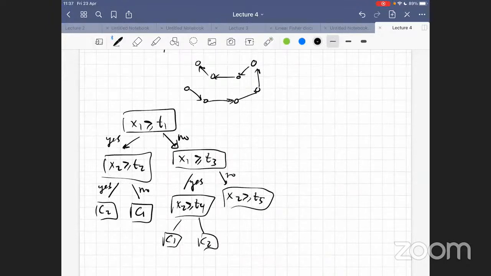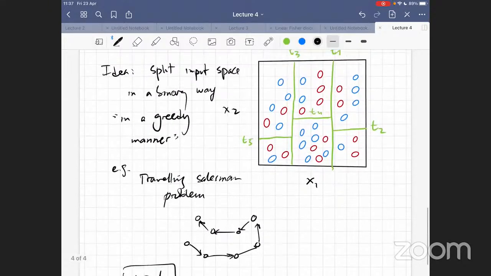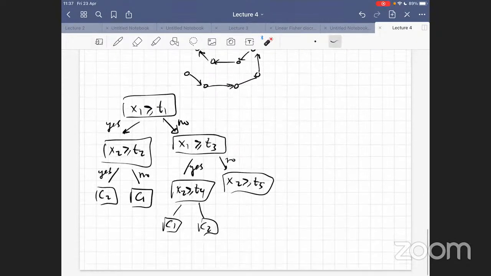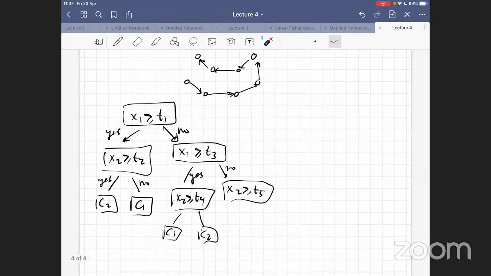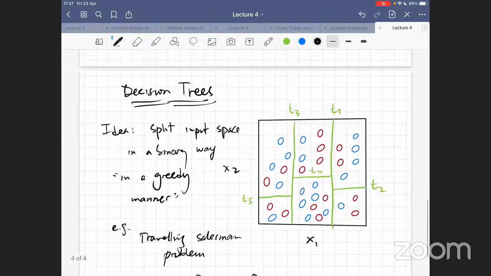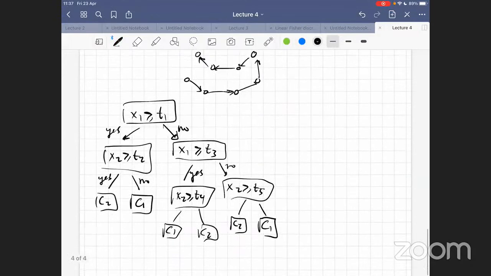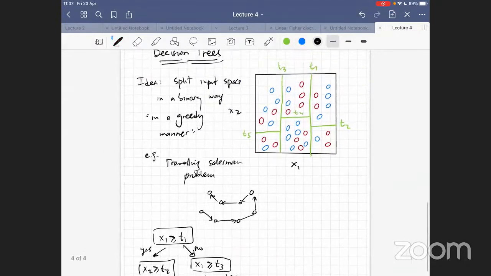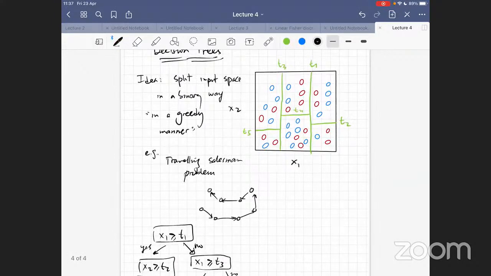And similarly, if x2 is larger than T5, I'm talking now about this region, then according to the points I am observing, I will decide that this is actually class 2. And if not, this is class 1. So you do something like this. And as we will see on Monday, we will write the way to make these splits.